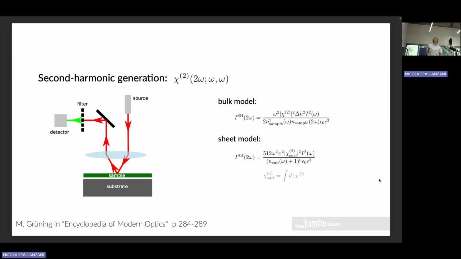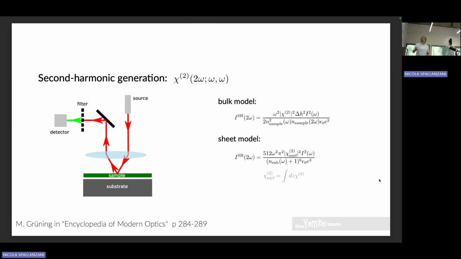So you can have a filter, and you have the intensity at 2 times the frequency of the incoming laser. This is what you have, so you're not measuring chi2 directly. You need a model to extract the chi2, and this can make quite a difference.